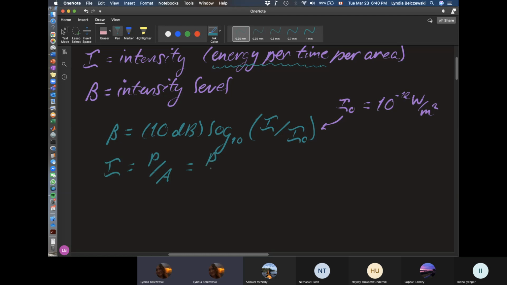So we can write the intensity as power divided by the area of a sphere, which is 4 pi r squared. And r is the distance to the source.